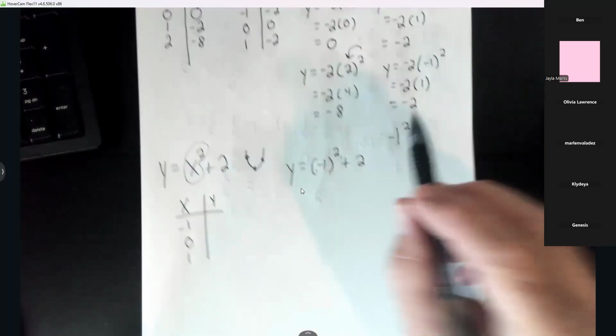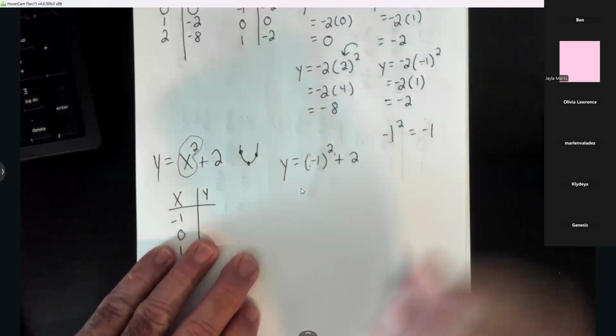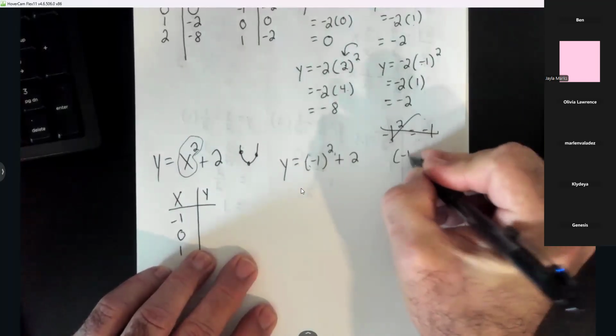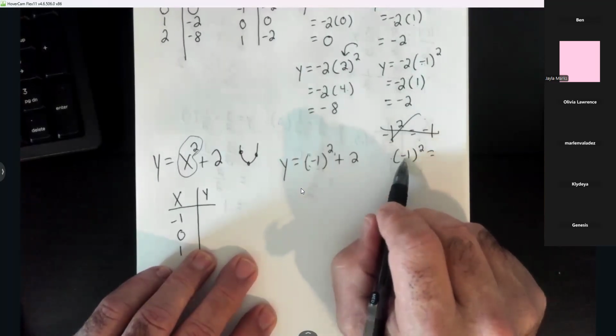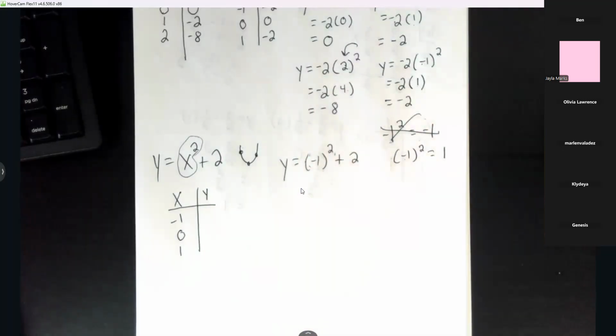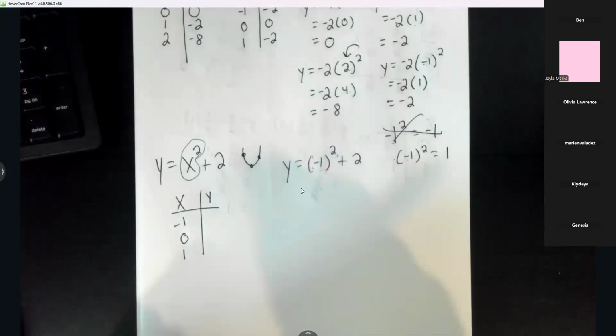If you put it like this, the calculator will give you a -1 for the answer. That's wrong. In the calculator, you got to put -1s in parentheses, and then it knows that -1 times -1 equals a +1. It won't square the negative unless it's in parentheses, okay?